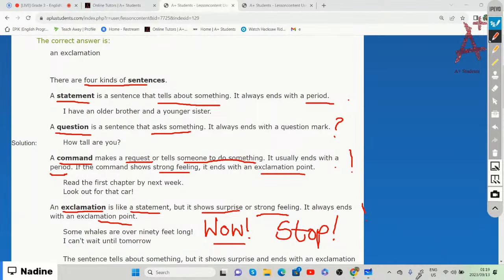So that is why we say stop, with an exclamation point. Your tone also changes. But if you're just going to say stop, it's not going to be the same as showing that exclamation. It's not the same as showing that strong feeling.